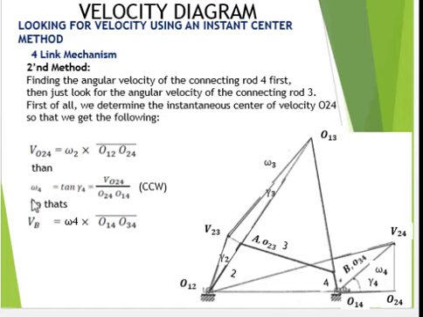And then omega 4 equals tangent gamma 4, equal to the velocity VO24 divided by the radius O24 O14. So we can conclude that the velocity at point B is VB equal to omega 4 multiplied by the radius O14 O34.